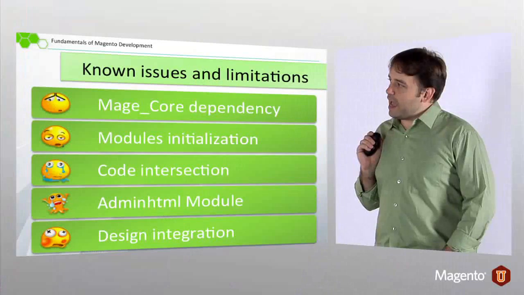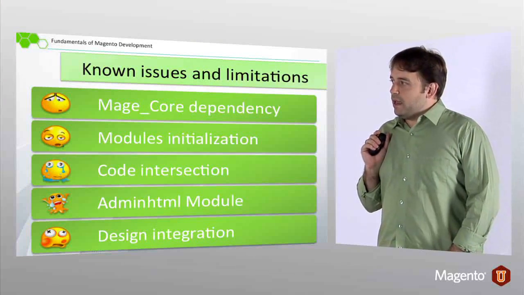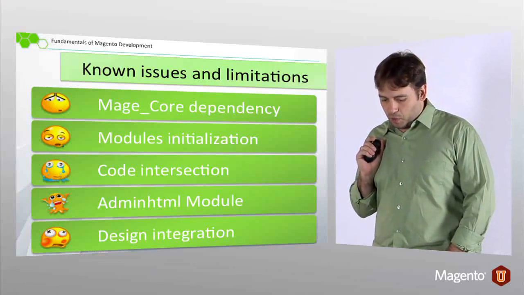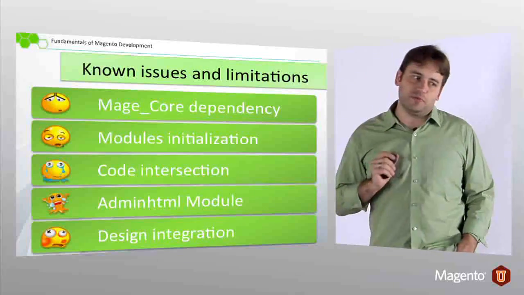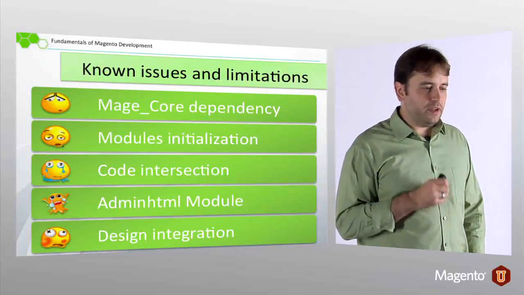So then you have the admin HTML module, and this is one of the most unfortunate things in the code base of Magento. These modules, which we'll be looking at in depth in just a minute, well, the nice thing is you've seen in the code how they have the namespace, for example Mage, and then under the Mage folder you have catalog, customer, sales, etc. Those are all the modules.